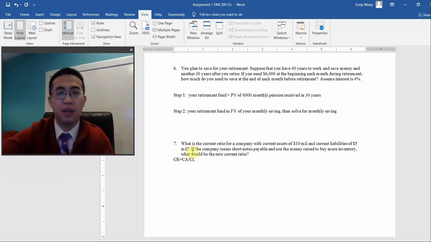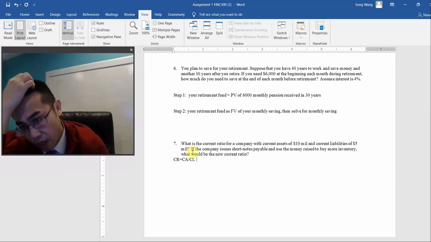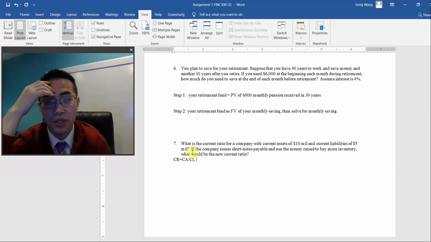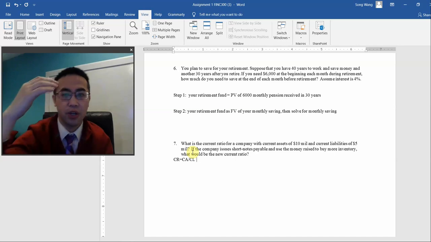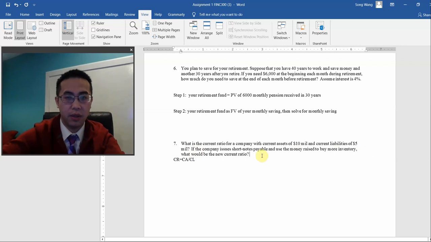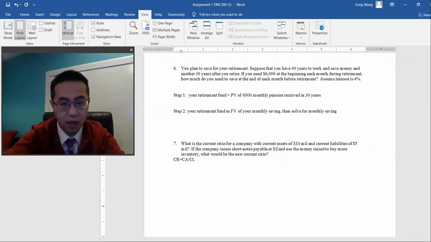So if the company uses short notes payable to borrow money and then uses the money raised to buy more inventory, what will be the new current ratio? And I forgot to add the amount of notes payable. Let's say $1 million.